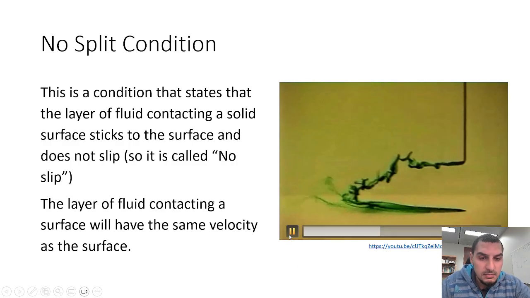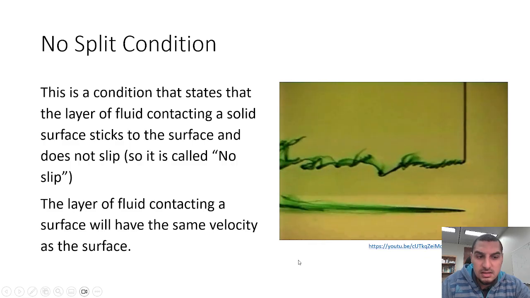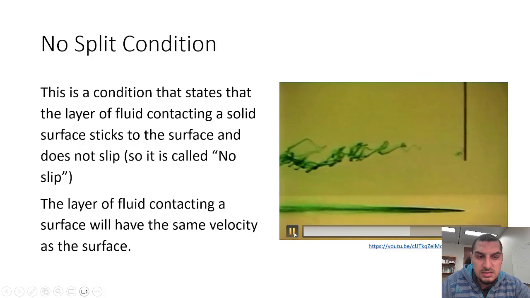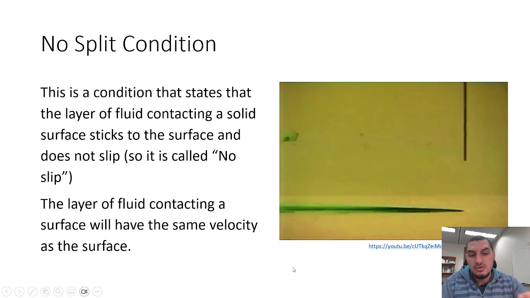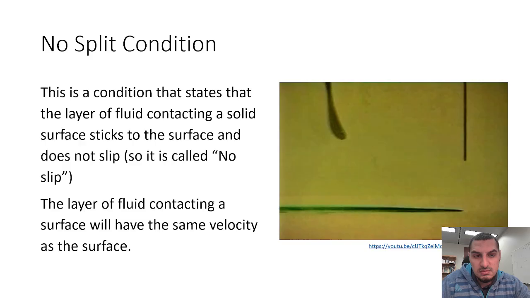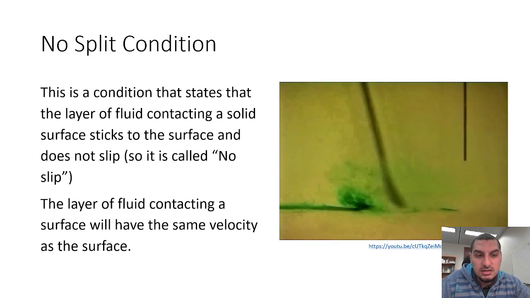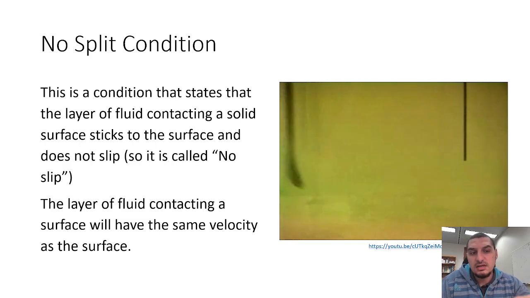And what you see here, and this is the important part, is that the dye is sticking to the surface. It doesn't come out until it is physically brushed or cleaned from the surface.